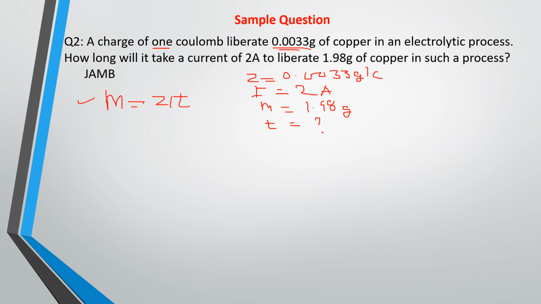So from this equation, we can see that time is equal to what? Mass all over ZI. Okay, so substituting into this equation, you are going to have your mass, which is 1.98, all over your electrochemical equivalent, which is 0.0033, all multiplied by the current, which is 2.